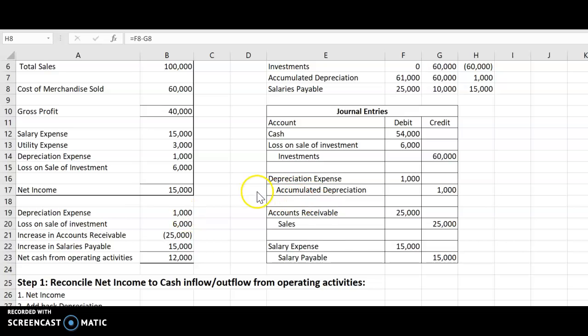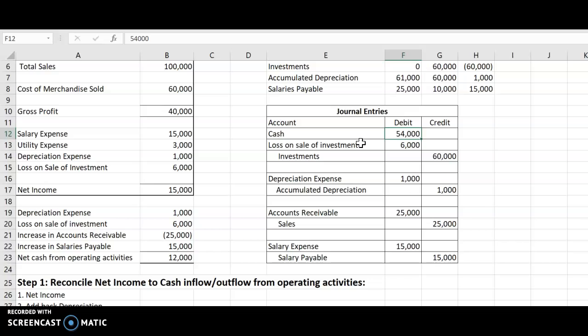Look at the journal entry that we might make from the loss on a sale of an investment. Okay, we got cash for the sale of the asset for $54,000. We had a loss on the sale of these assets. So the assets had a book value of $60,000. This means we had a book loss of $6,000.